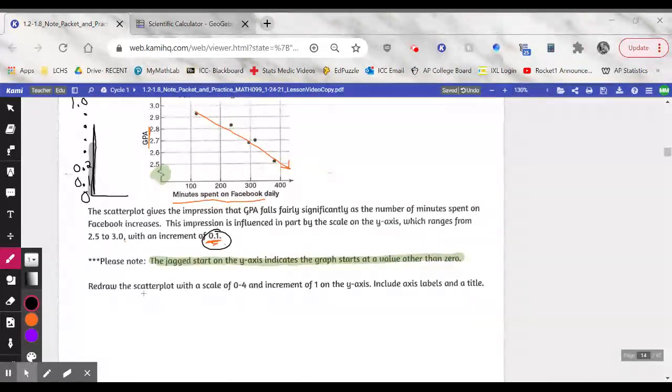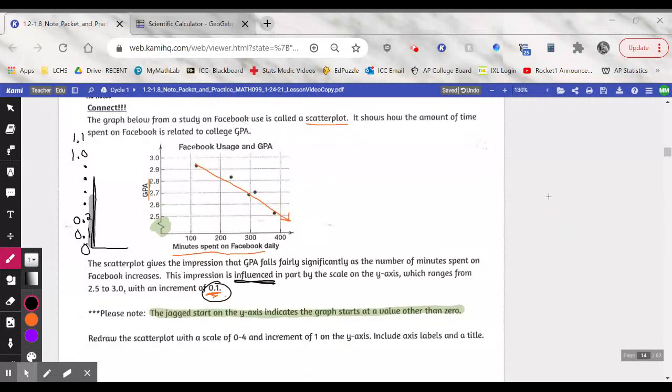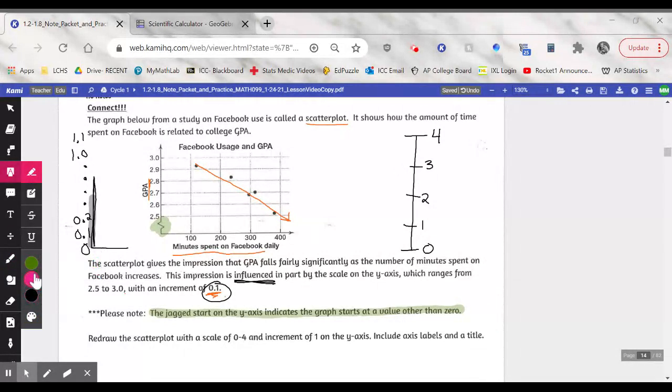So what we want to do is have a little bit less of an influence by the scale. When we think about GPA, our GPA range can be between 0 and 4. So when we think about the overall range of a GPA between 0 and 4, if we're including only the numbers between 2.5 and 3, that's really only including a small part of the overall range of GPA that we could have.